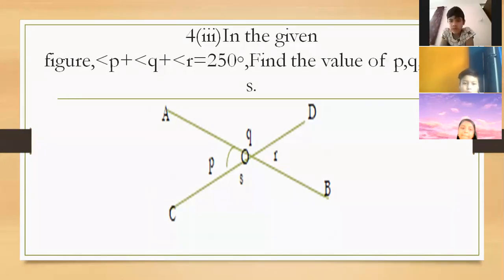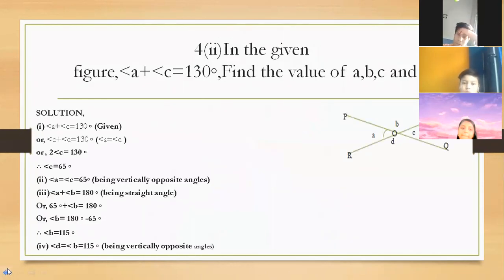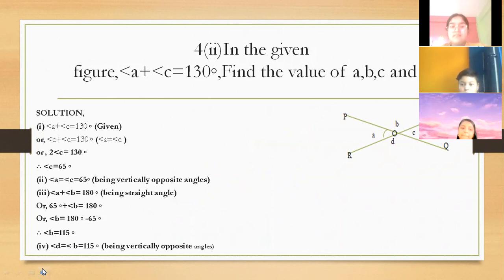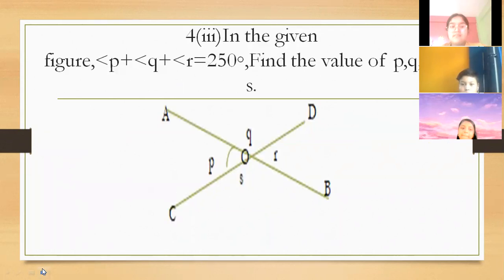Should I move to the next slide? Here is the question only. Sir, can you show the previous slide? Yes, this one. Sir, 4-2. Yes, sir, this one. Okay, take it. Now here I am going to show you number 3.